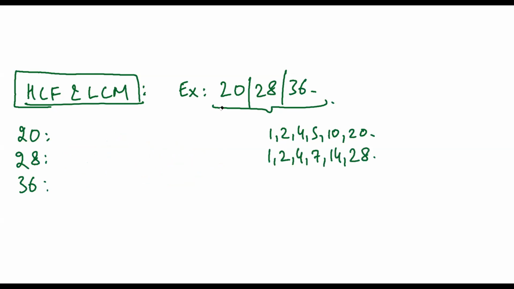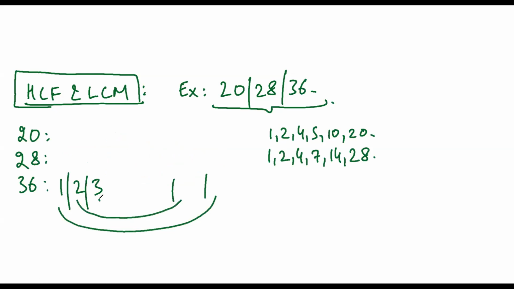Now let us come to 36. I'll write few numbers and the rest of the numbers you will have to tell me. So Mr. Sarthak, what should I write here? 36. What should I write here? 18.